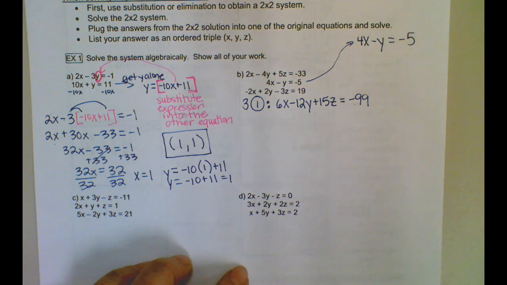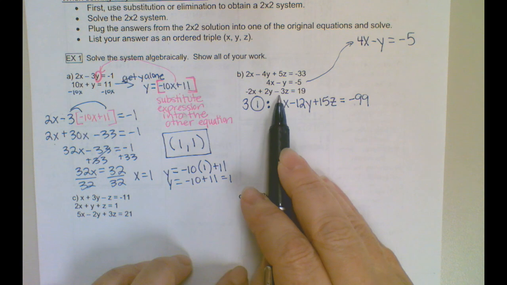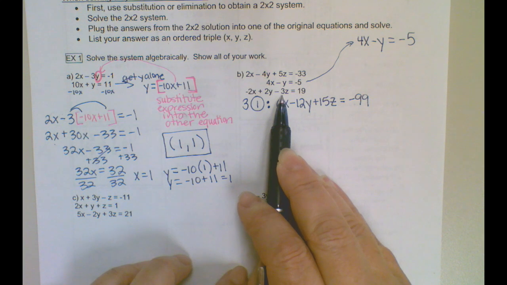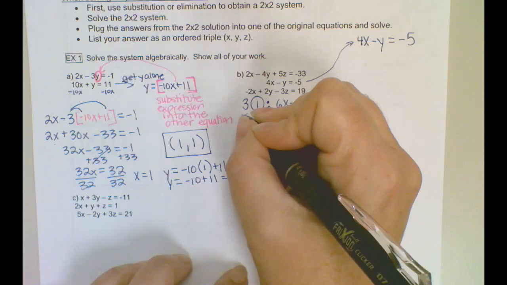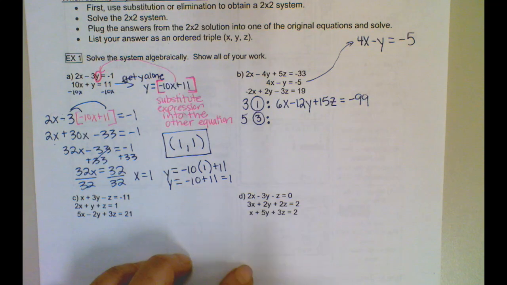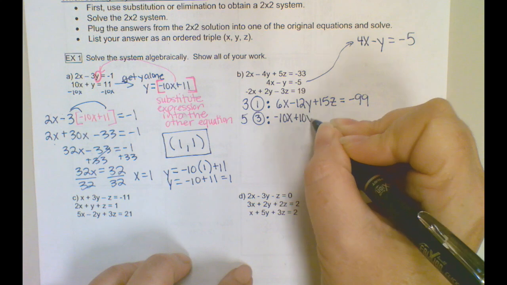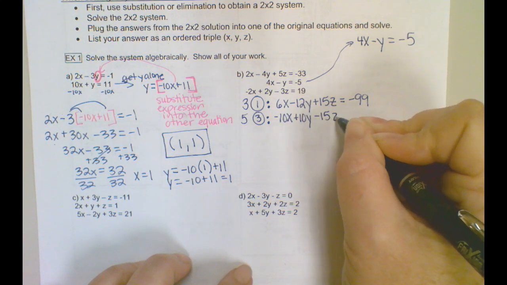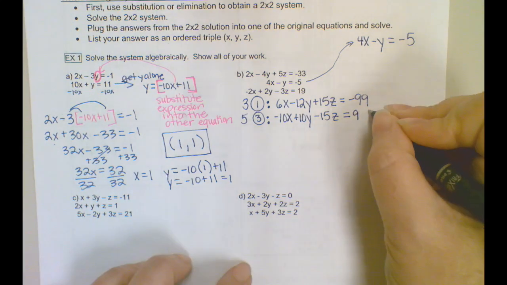Then, similarly, if this says positive 15z, I want to turn this -3z into a -15z, which means I need to multiply by what number? 5. So 5 times equation 3. Again, every single piece has to be multiplied by the 5. So -10x plus 10y minus 15z equals 19 times 5, 95.